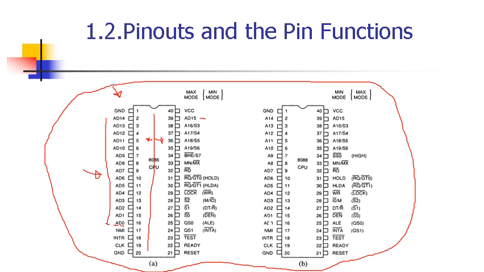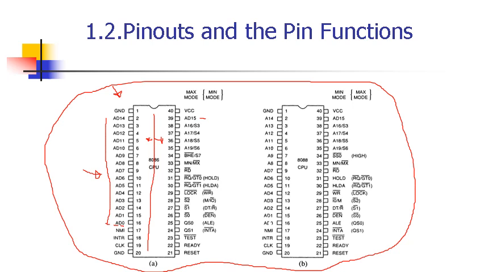You can use them for the address and for the data. Once data is placed, you have to have some kind of indication to indicate whether these 16 bits carry an address or carry data.